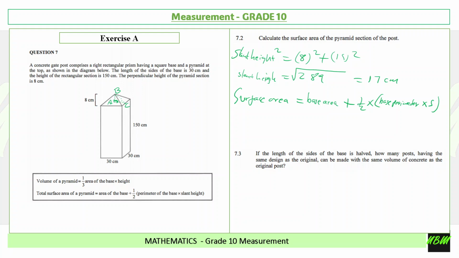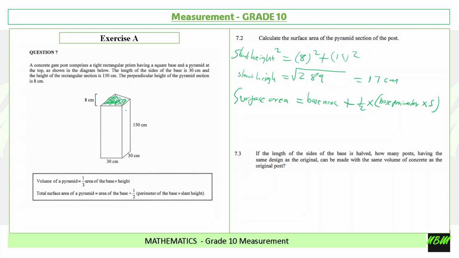Now, the question does want us to calculate the area of a pyramid section. But are we going to calculate the area for the base? And the answer is no. Remember, this is our pyramid section, and we cannot touch its base.